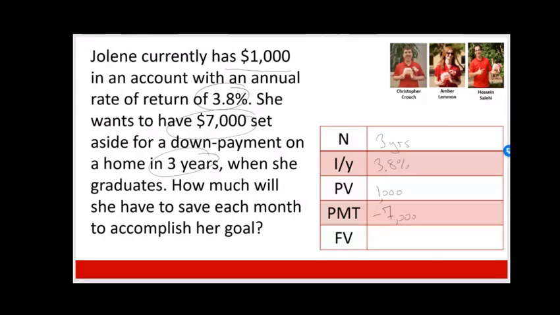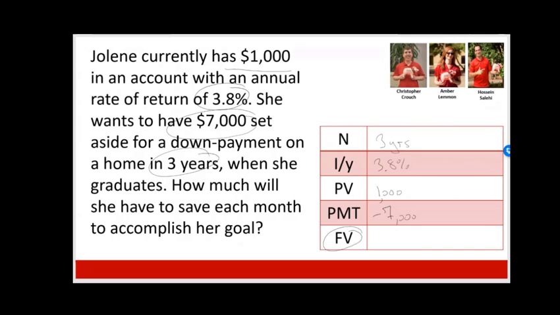Okay, what did you say we're solving for? What did you want to solve for? The future value. You're solving for future value? So look at the end of the problem again real quick.